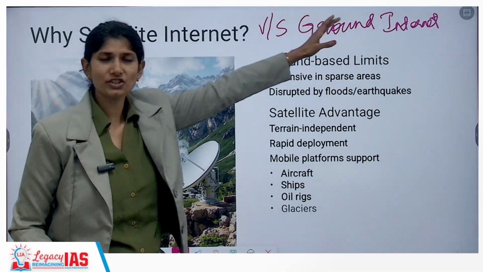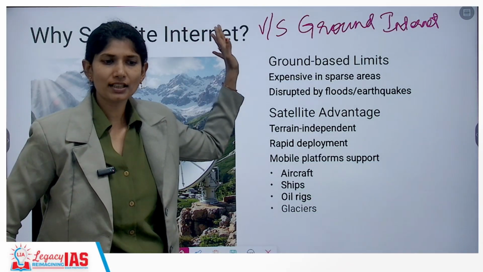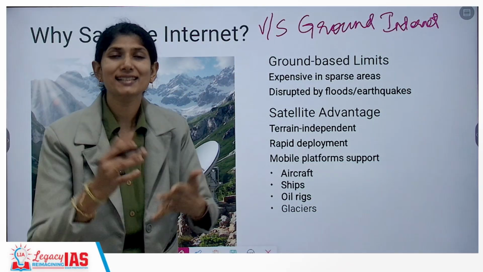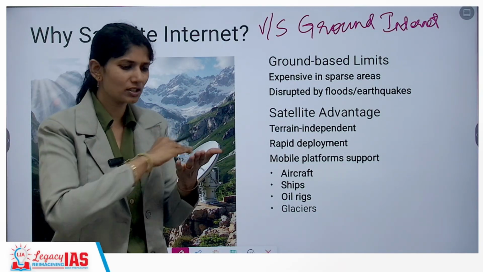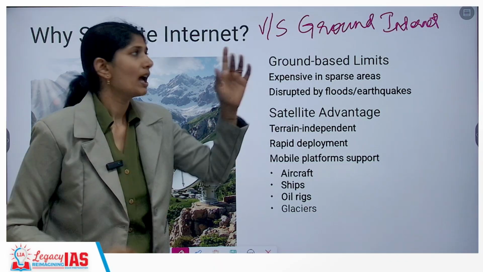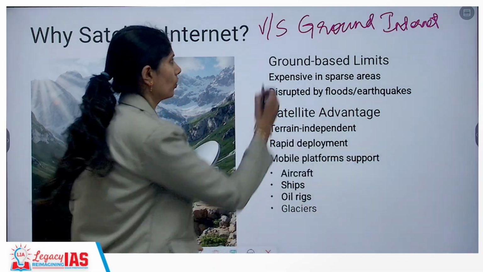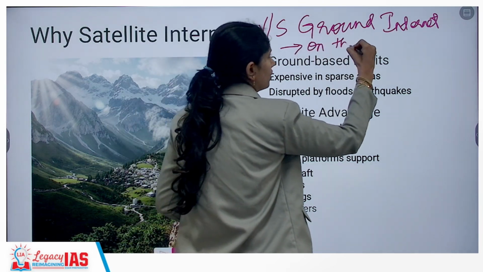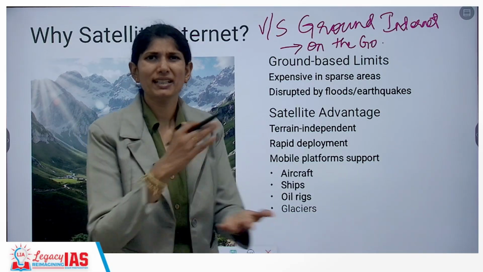We saw the challenges. Now, the most potential solution that can be offered to us comes from satellite internet. Why? First and foremost, even in sparse areas you can easily do it. And another issue with ground internet is it cannot be used on the go. That is movement, physical movement, leaving some place and going.